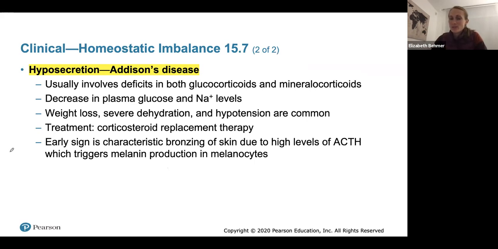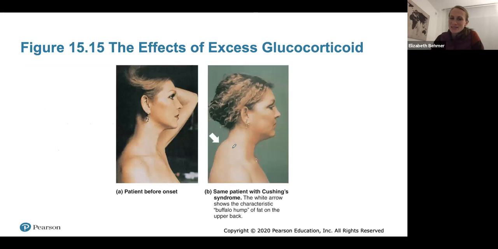There can be a decrease in plasma glucose and sodium levels. Weight loss, severe dehydration, and hypotension are common. An early sign of Addison's disease is actually a bronzing of the skin due to high levels of ACTH, which triggers melanin production in the melanocytes. So the bronzing of the skin is characteristic of Addison's disease.